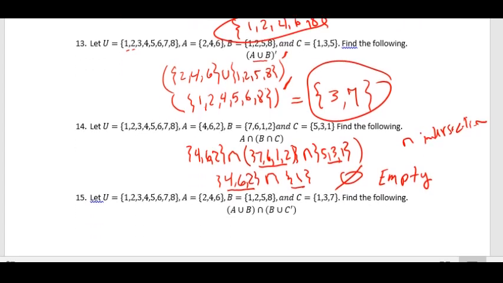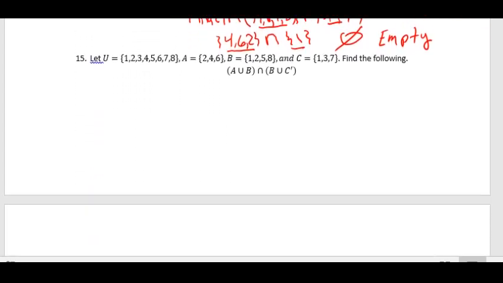Okay, 15. Find the following. Here we're going to have A, 2, 4, 6, union with B, 1, 2, 5, 8, intersected with B, 1, 2, 5, 8, union with C complement.